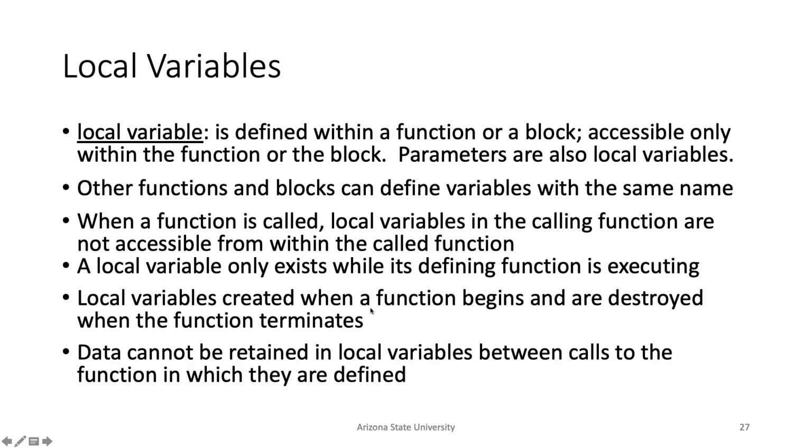Is that true? They're created when the function begins? That's actually not true. Why is it not true? They're created when they're declared, right? So they're created when it finally reaches the line at which the variable is declared. But it is destroyed when the scope terminates.